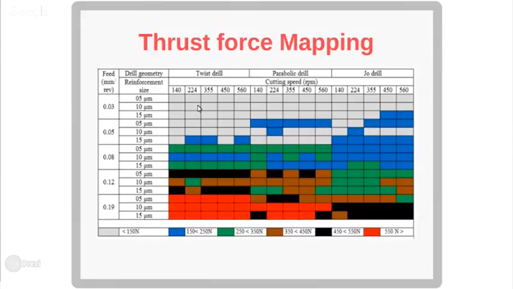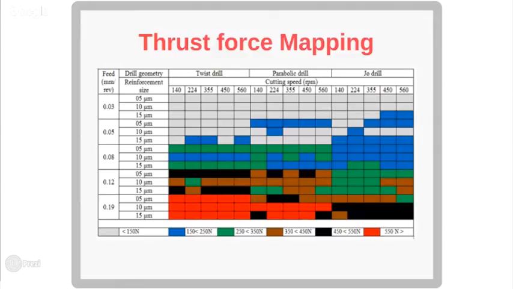And here the variation in material is also there. It is with respect to the reinforcement size of the abrasive particle. Here the reinforcement size of the abrasive particle is 5 micron, 10 micron, and 15 micron. If you calculate all these parameters, we have 4 parameters here.